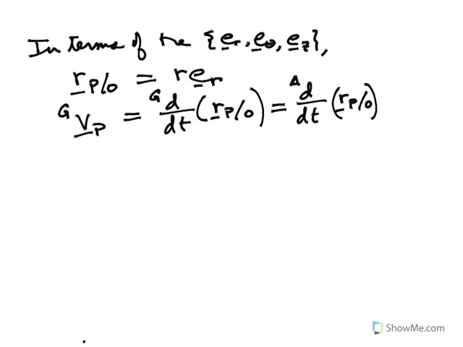So it's going to be d dt in A of the position of P relative to O, plus omega A/G crossed with the position of P relative to O.